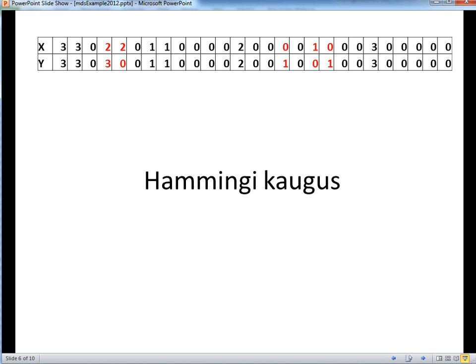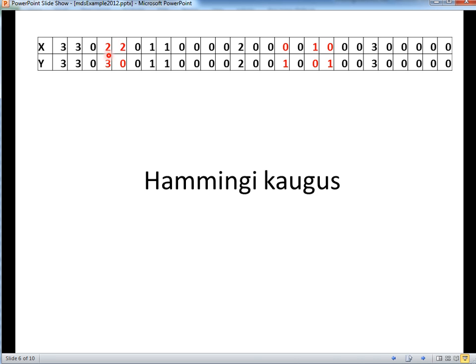The Hamming distance, namely, what it does, it counts the number of dissimilarities. So it doesn't take this delta squared, which along this dimension would be 2 squared, 4. So it doesn't take 4 from this set of two values, but it takes instead just how many differences there are.